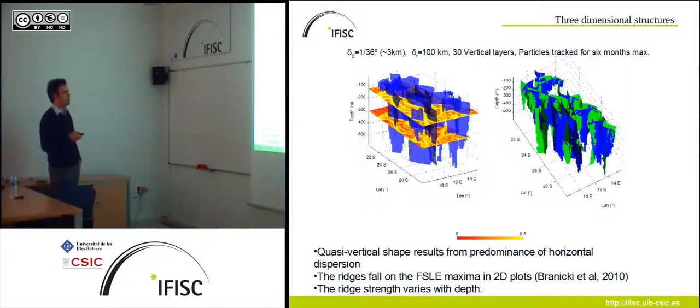You can see that these structures coincide with the maxima, with the lines of maximum Lyapunov exponent fields.